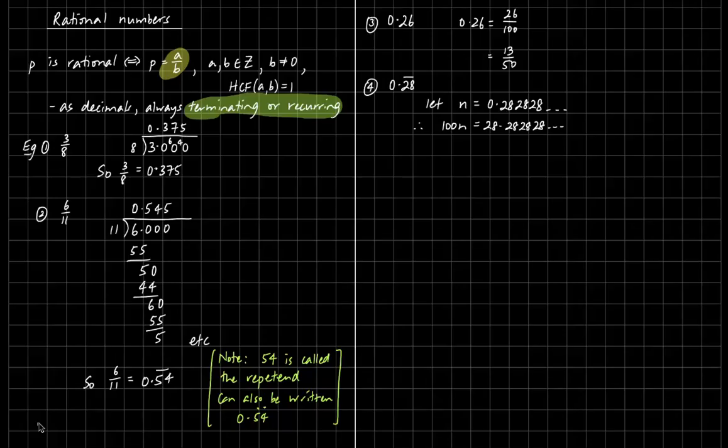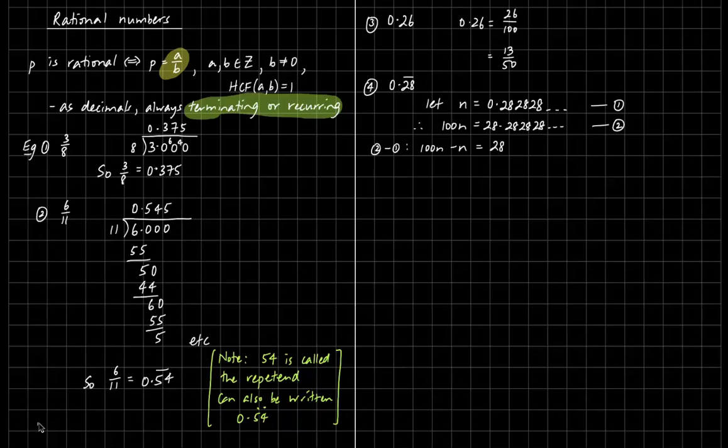So then what we could do is say, well, okay, let's actually subtract. If I was to number these equations, I'd be saying, let's do equation 2 minus equation 1. On the left hand side I'll have 100n minus n, and on the right hand side I've got 28.28 recurring minus 0.28 recurring.